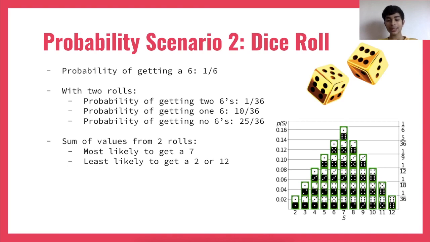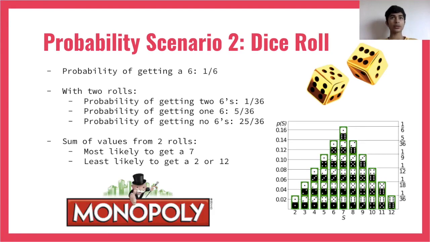There's only one scenario when you get a 2, where you get 2 1s, and there's only one scenario where you get a 12, when you get 2 6s. But there are 6 different scenarios when you can get a 7, so therefore, getting a 7 is the most likely option. This is shown in games like Monopoly, where you may have to roll 2 dice. In these games where you have to roll 2 dice, you are most likely going to get a 7.